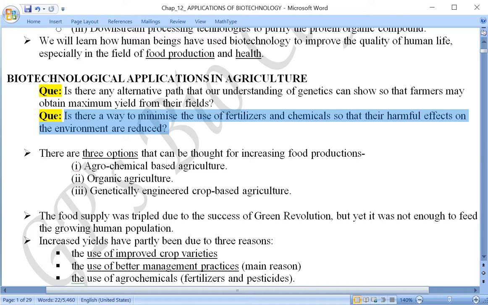We have been using these fertilizers and different kinds of chemicals, for example fungicides, insecticides, weedicides. So many cides are there, ending with CIDE: insecticide, bactericide.